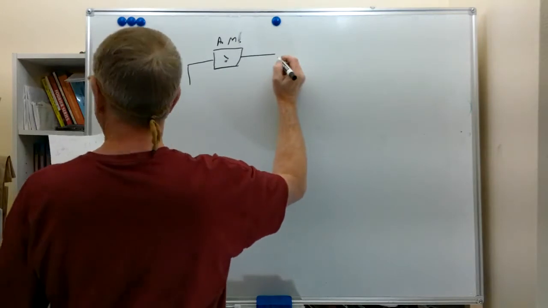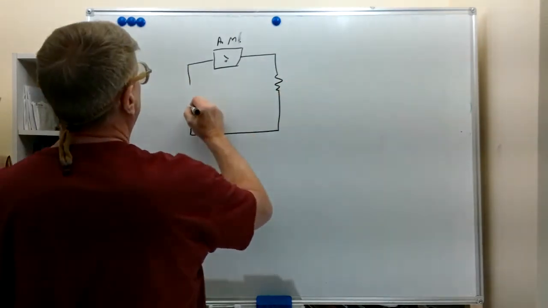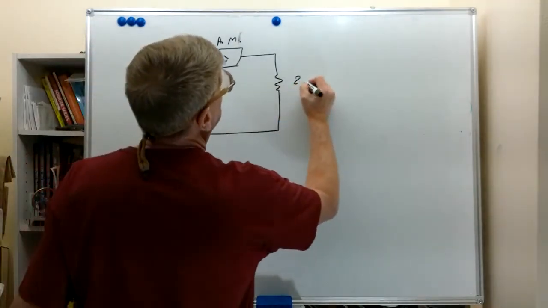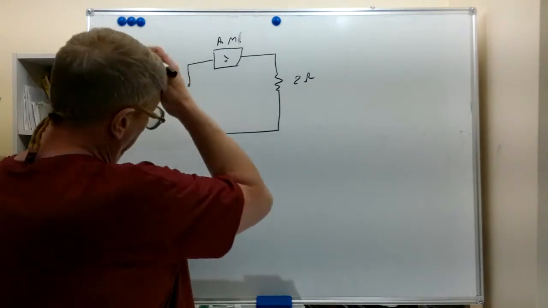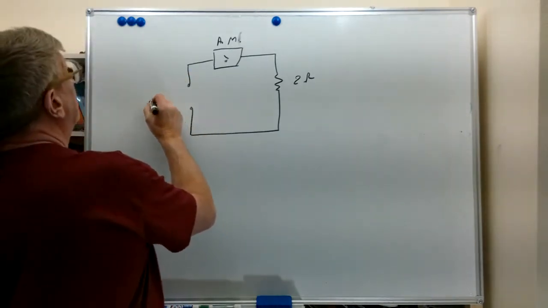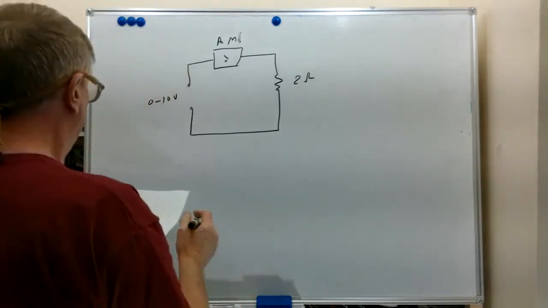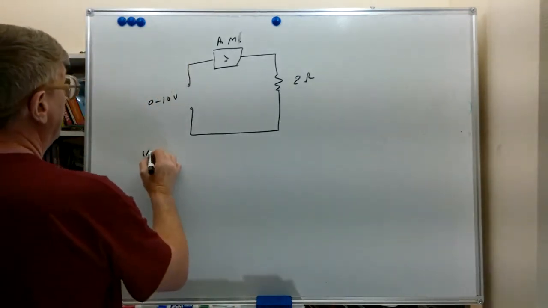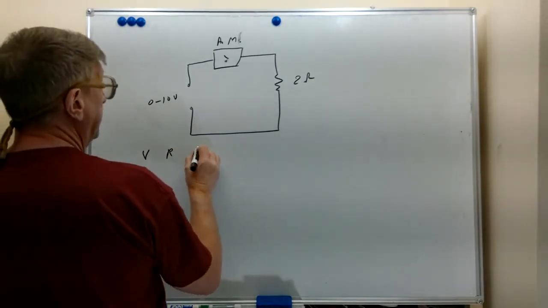We have a resistor here, and this resistor is going to be 2 ohms. A 2 ohm resistor. And we have a variable voltage supply that goes 0 to 10 volts. So we're going to look at voltage, resistance, and current in amperage.